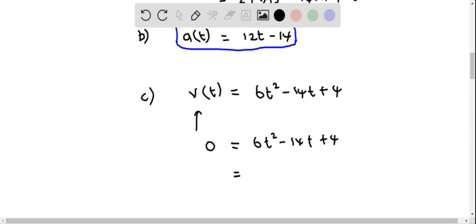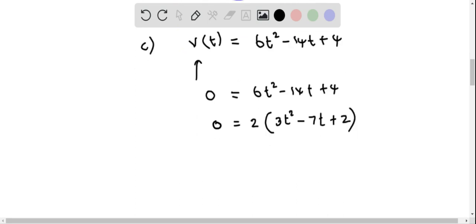We can factor out the common term from all the three terms, which is 2. When we do that, we get 2 times 3t squared minus 7t plus 2, since 14 divided by 2 is 7 and 4 divided by 2 is 2. So we get this expression. Now we divide by 2 on both sides. So this is essentially 0 equals 3t squared minus 7t plus 2.